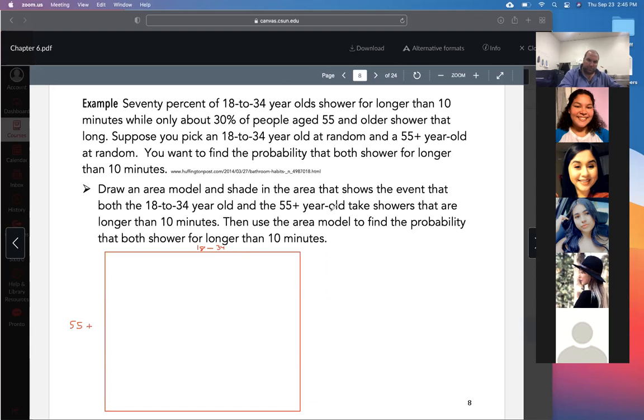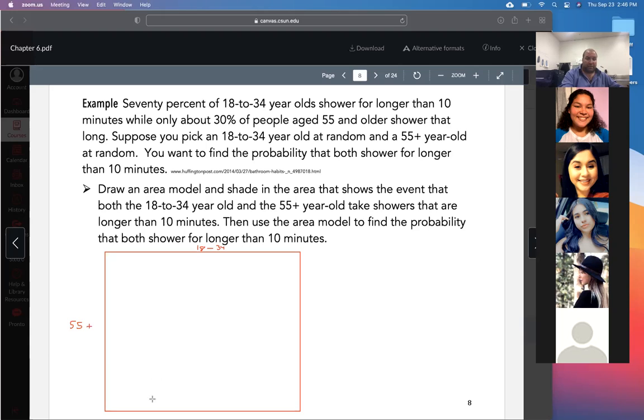And then wouldn't it be a category where it says shower longer, and the other would be doesn't shower longer. It would be like a long shower and a short shower category, on both sides.